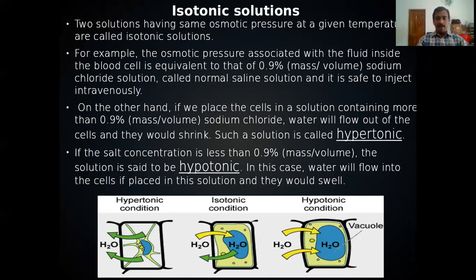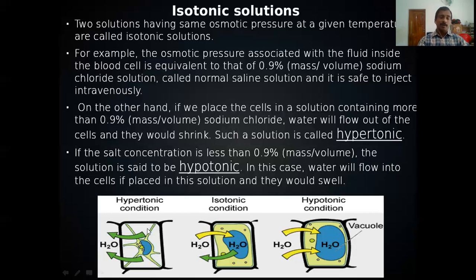And similarly, if the concentration of the solution is less than that of the fluid inside the cell, then what happens? Solvent will move into the cell. Then swelling will take place. Such solutions are known as hypotonic solutions.